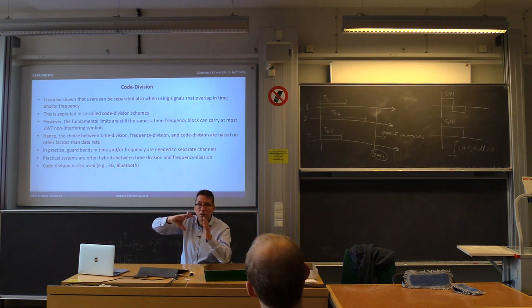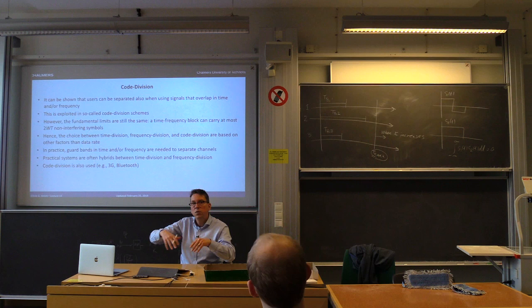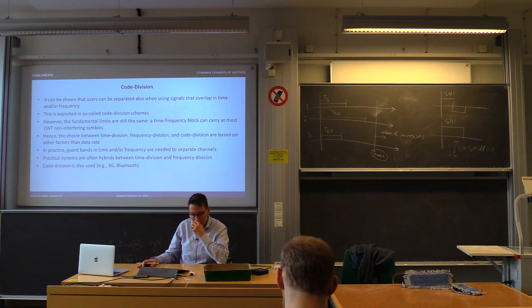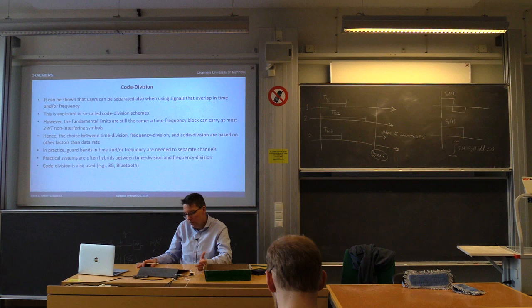And as a matter of fact, there is no fundamental thing that says one way is better than the other. It's practical constraints which tell you which one to use at different points. Because in practice, we need to put in some guard interval in time or in frequency for this to work well. Depending on the type of channel we have, we need different such guard intervals.